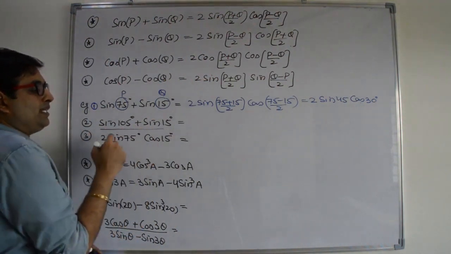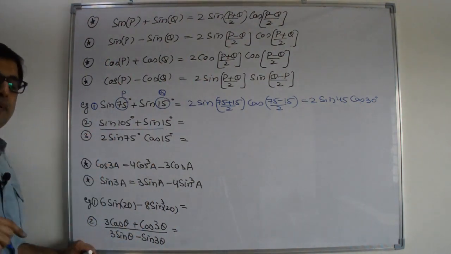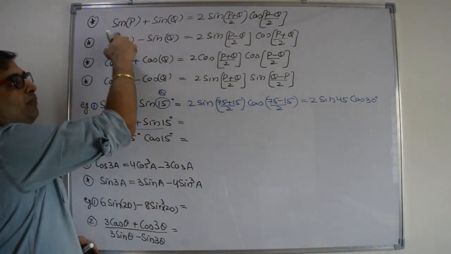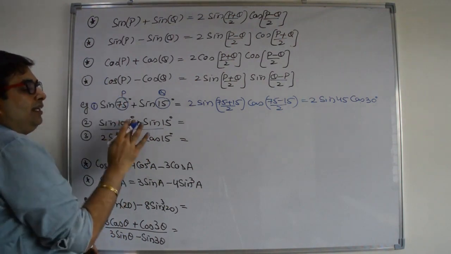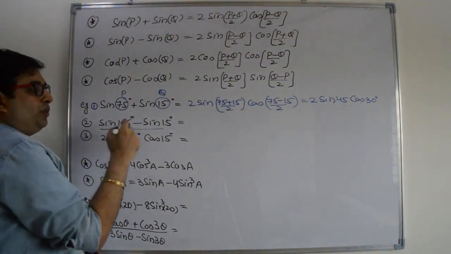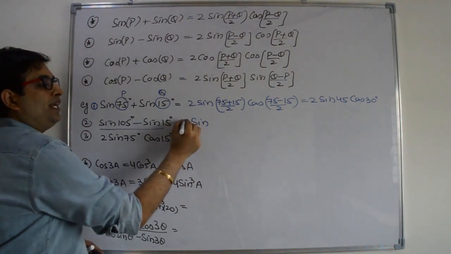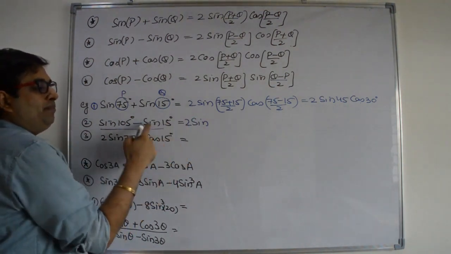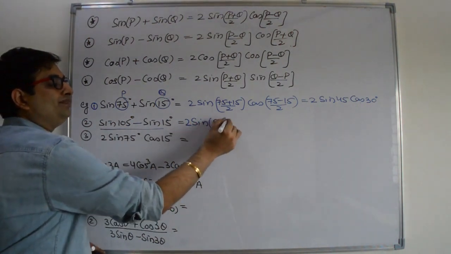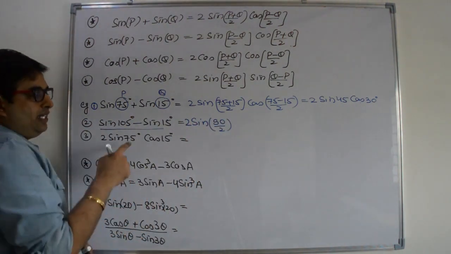Second is sin 105 plus sin 15. Again, same sine formulas. Take negative, let us change the question, take negative. So it becomes 2 sin (P minus Q), that is 90 divided by 2. Right?